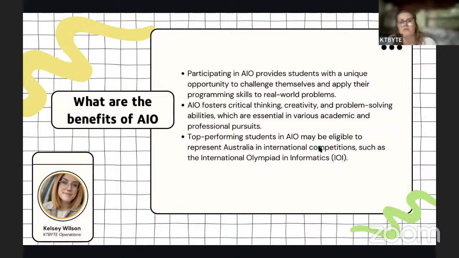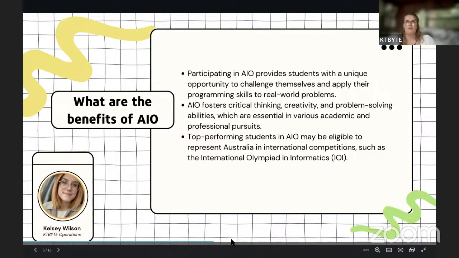So continuing through, in addition to just the general life skills that you're going to be getting from competing, or practicing, you could also call it, because these competitions are real world practice. These are top performing students in the AIO, and they can be eligible to represent Australia in international competition, similar to the USA Computing Olympiad, if you can make it to platinum.